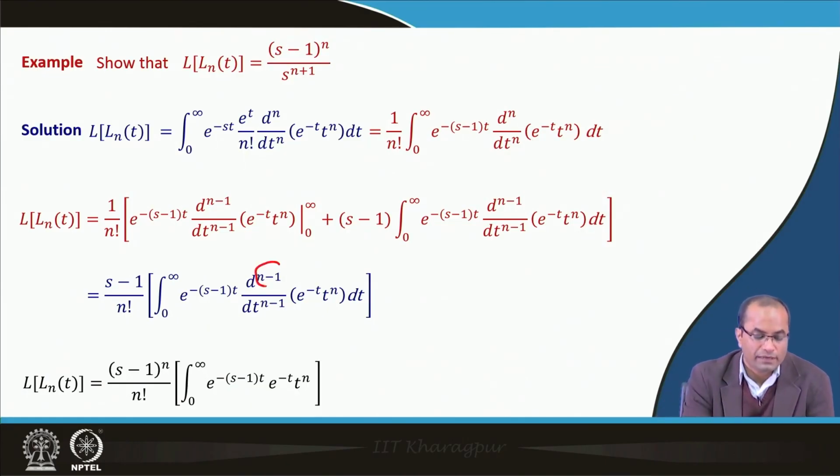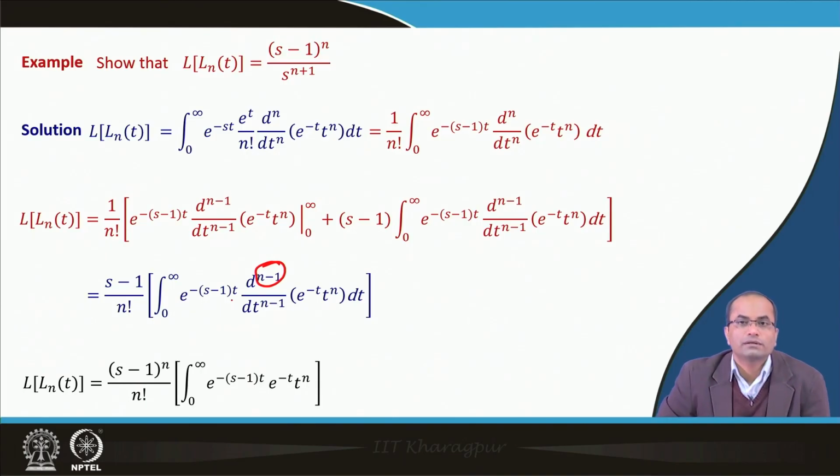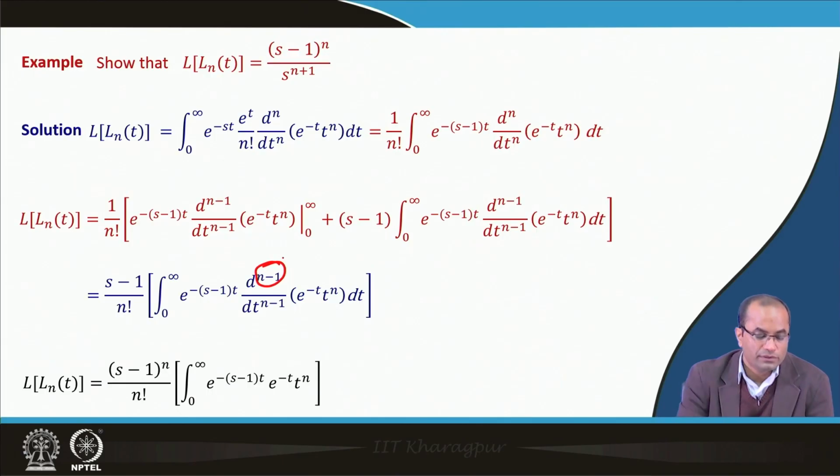Every time we will have a reduction in the order of the derivative until we get derivative power 0, that means no derivative. Parallelly, the power of (s - 1) will increase, so we will have this process n times.